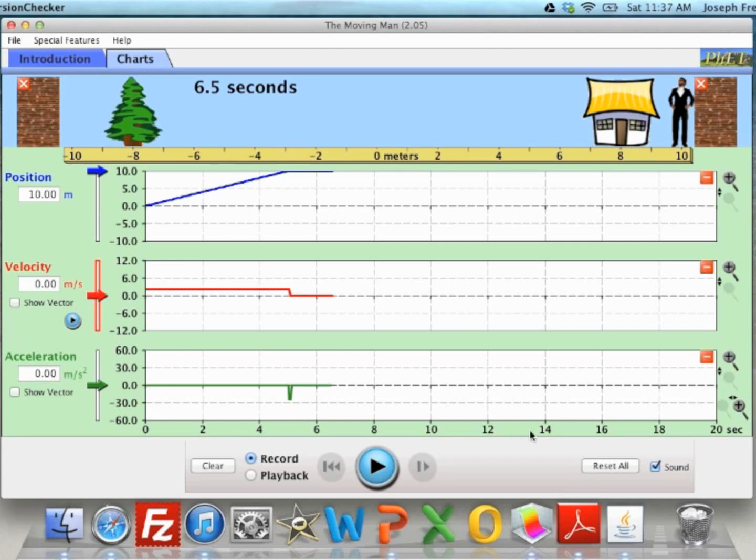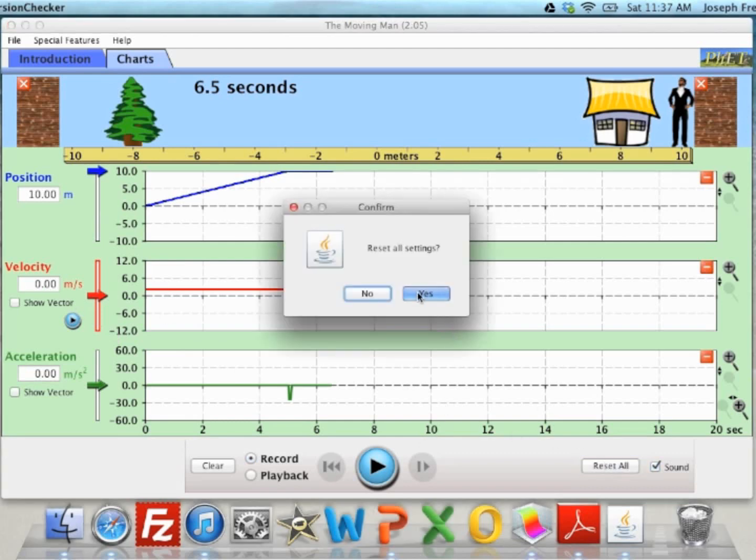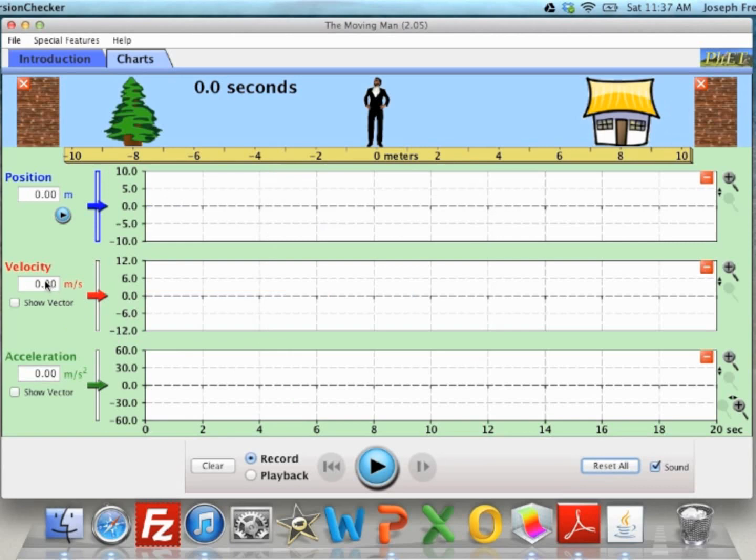And let's do one last one and see what happens when he goes at 5 meters per second. Notice how steep the blue line is now, because it's a higher slope, and for every second you have it rising 5, because I had put it at 5 meters per second.